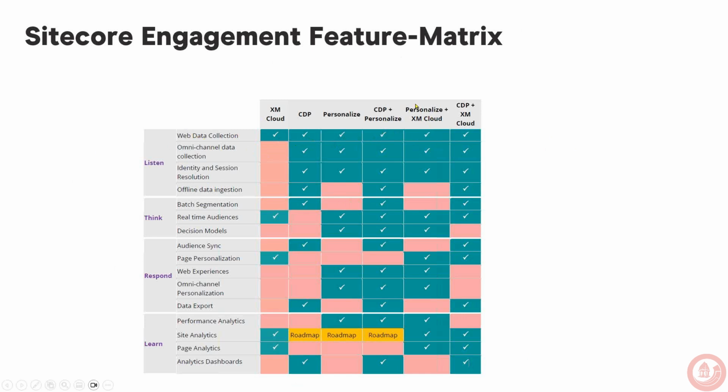The combination of XM Cloud, Personalize and CDP is available, but a few things are not available. So you have to refer to this matrix and decide which features you are looking for in your solution based on the client requirements, and then plan which product fits your role. But the good thing is, in the composable architecture, all these combinations can be leveraged without any challenges.